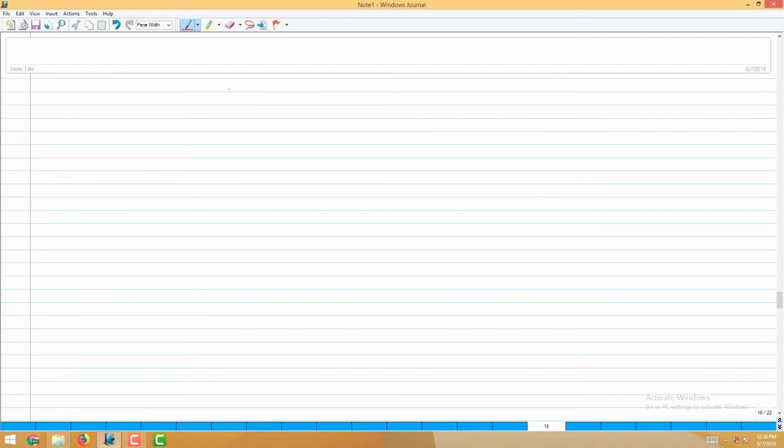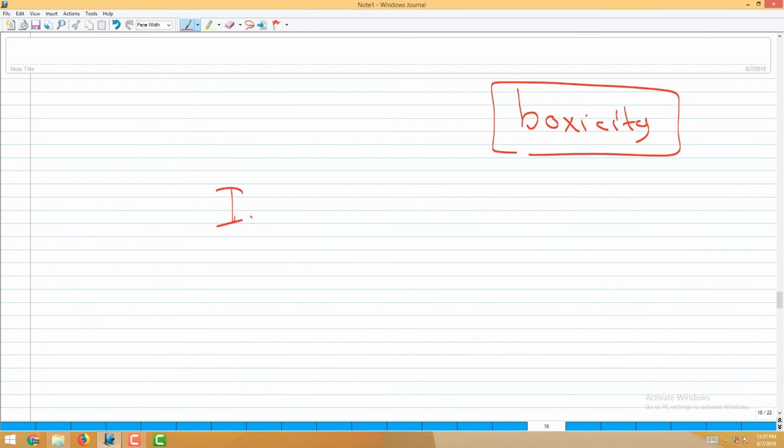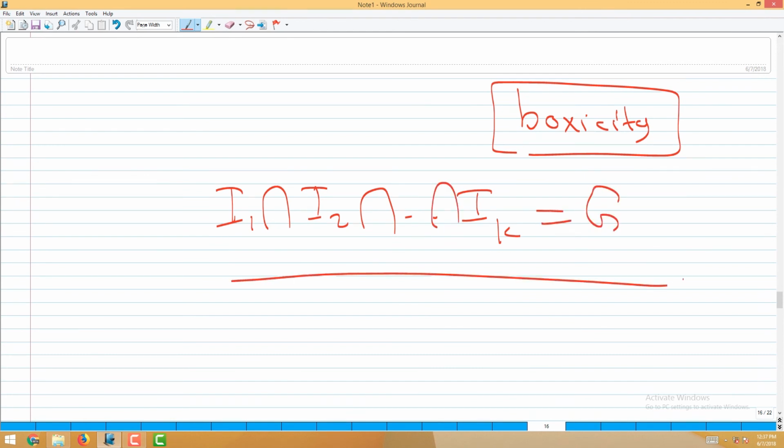So though this is quite a geometric question, you can translate it to interval graphs and then say that the minimum dimension in which you can represent the graph, we call it the boxicity of the graph. It is essentially the minimum number k of interval graphs I1, I2, up to Ik, such that the intersection is equal to G. When I say intersection equal to G, the vertex set is assumed to be the same everywhere, but we are taking the intersection on the edge set.